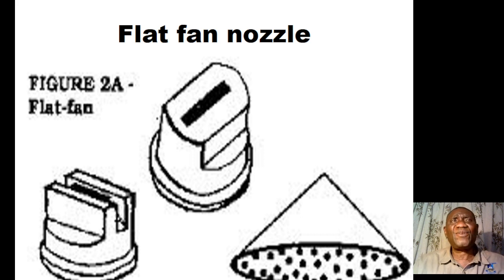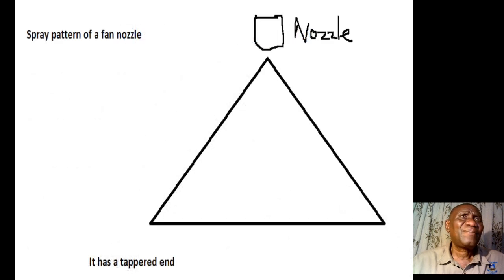The spray has got this fan-shaped structure. Again, this is the type of nozzle, and towards the target, you've got a wider area. It starts with a small angle then it widens.